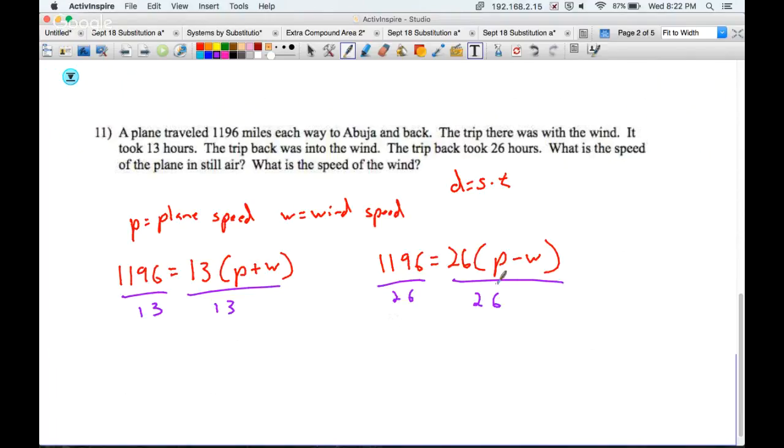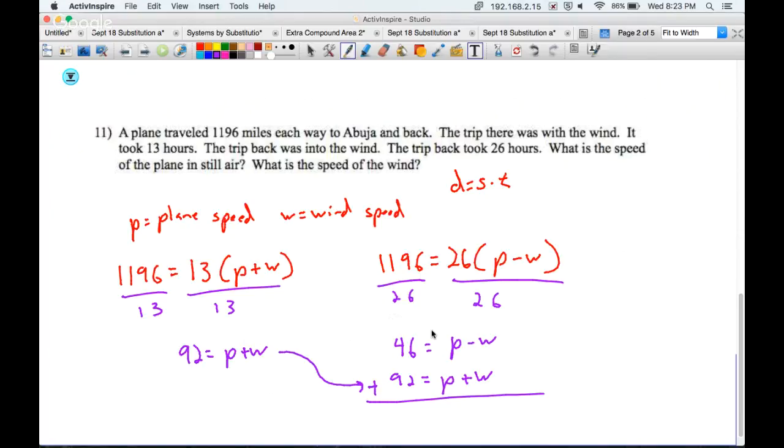This will generally help us really simplify it down versus doing some long, messy substitution method. 1,196 divided by 13, that's 92, equals P plus W. 1,196 divided by 26 is 46, equals P minus W. These already have a zero pair with W, so I'm just going to move this one right below and add them together.